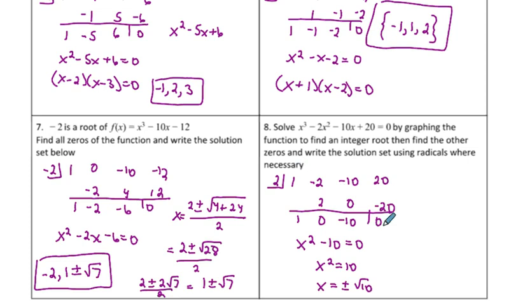So writing our solution set, we've got 2, and then our conjugate pair, plus or minus the square root of 10. So we have a conjugate pair here, and of course this is also a conjugate pair when we're talking about roots of polynomials, roots of quadratics. If we have one radical, we'll have its opposite, and those are called our conjugate pairs.